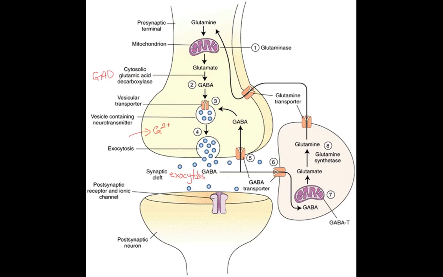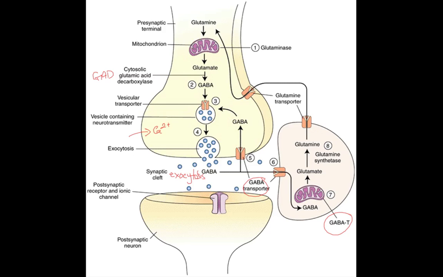The GABA will then be absorbed by the presynaptic neuron, or it can be absorbed by the glial cells via GABA transporters. When GABA enters the glial cell, it is converted to glutamate, and the enzyme used there is GABA T, which is GABA transaminase.